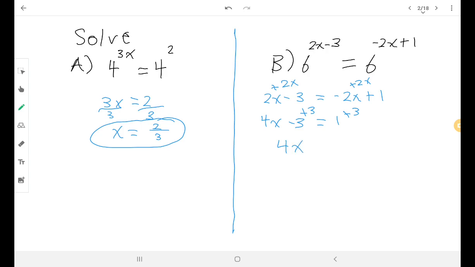So this is 4x plus 0, negative 3 plus 3 is 0, 4x equals 1 plus 3 is 4, and then I can divide by 4 and have x equals 1.